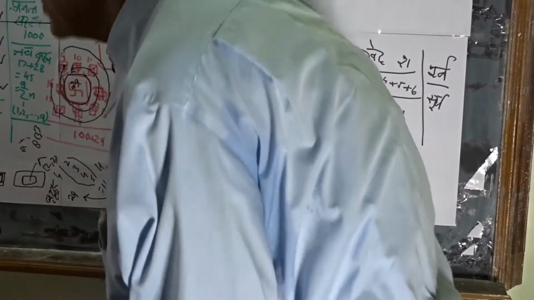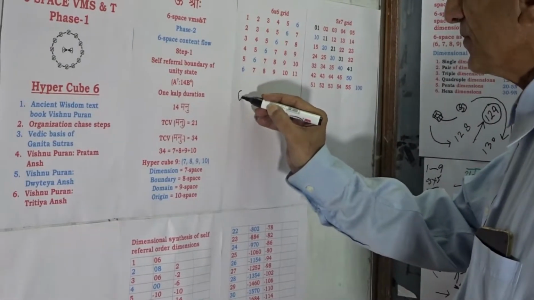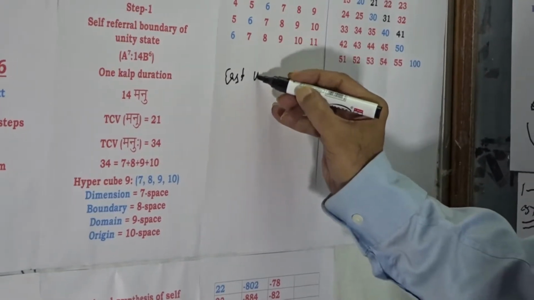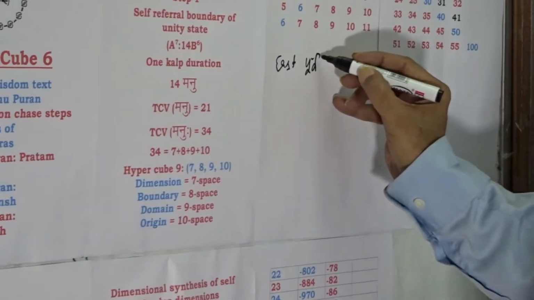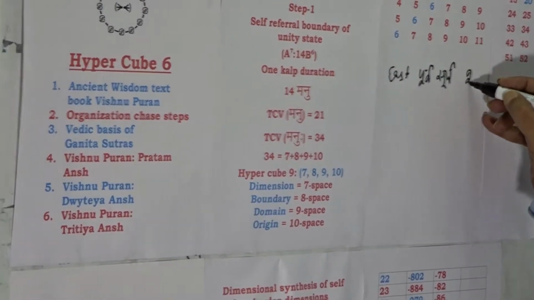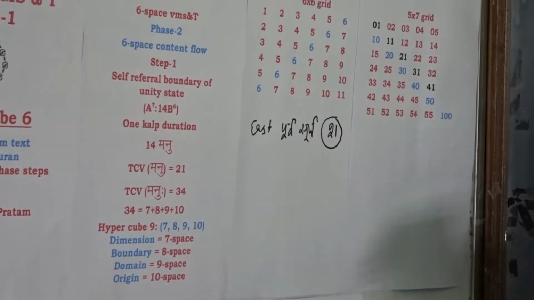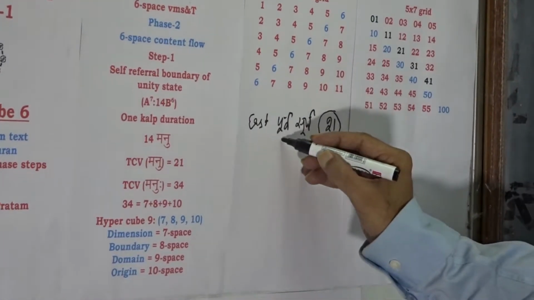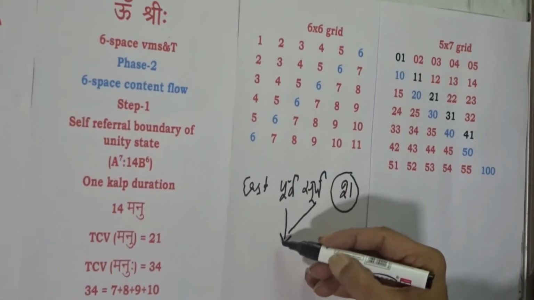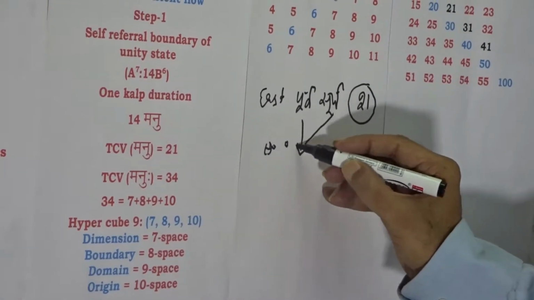Now, Samved means we have reached from east, a Purv, a placement of a Surya of value 21, equal to the branches of Rig Veda. From here we are moving ahead to the origin of sun, means we are reaching at 7th space.